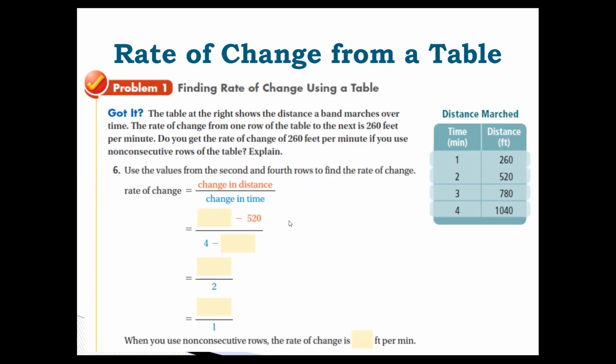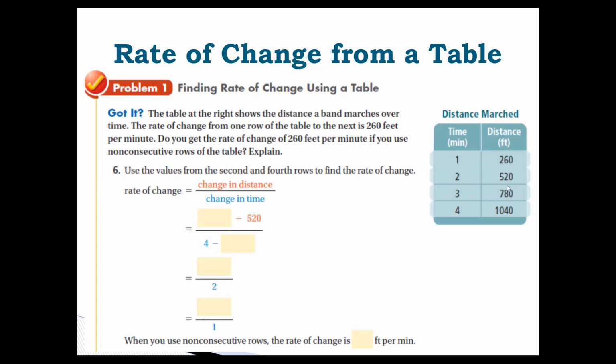Anytime we get a rate of change, what we're trying to get is for this very last item, the denominator, to be 1. Feet per 1 minute, miles per hour, that sort of thing. It's basically a reducing fraction situation.